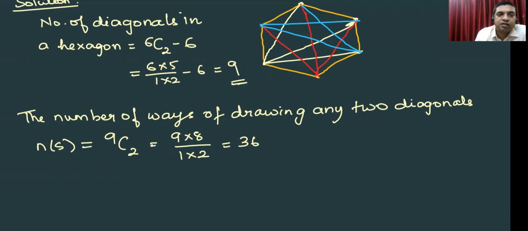Just I'll put this as green so that it will be clear. Now we should not select these two yellows or these three reds or these three or these three. So any two of these you should not select. So there will be repetitions.